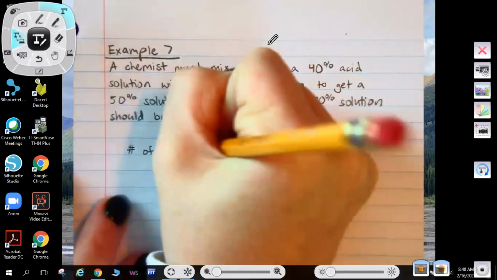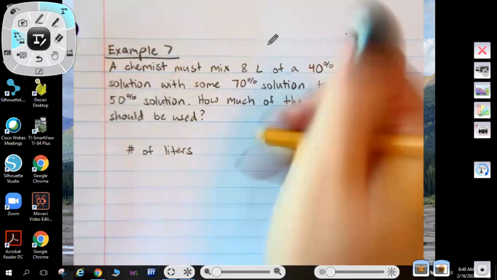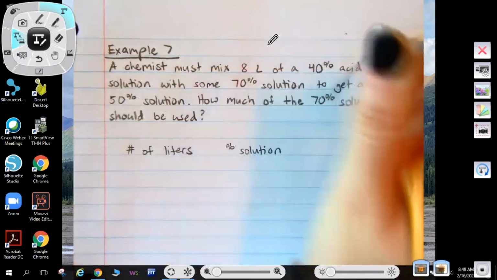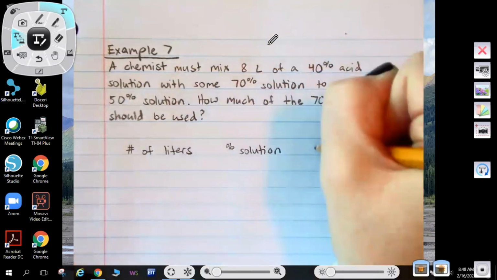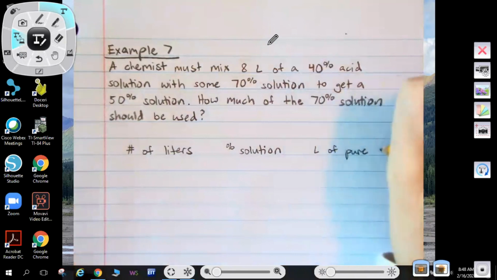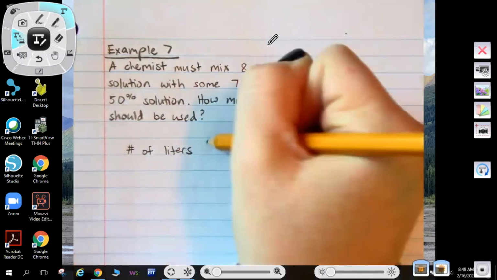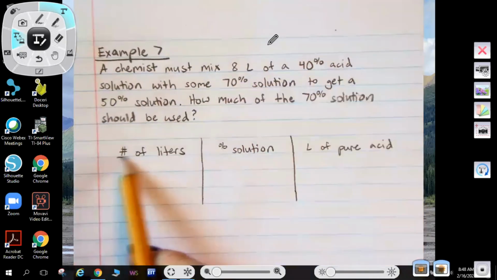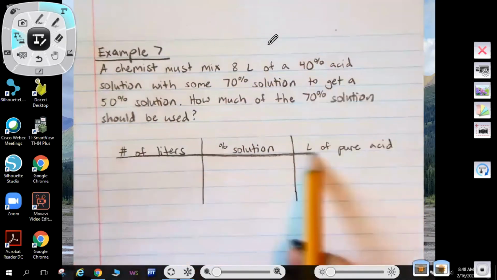So we've got number of liters, the percent solution, and then the liters of pure acid.